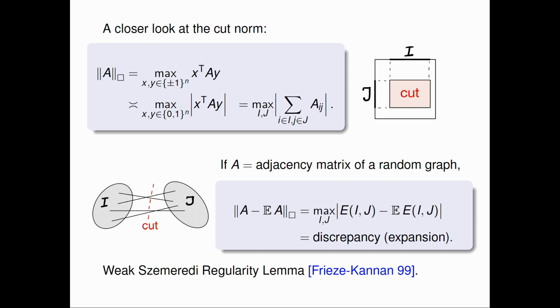It becomes more useful if you think of this combinatorially. If A is an adjacency matrix of a graph, then the cut norm just counts the number of edges crossing from one subset to the other.